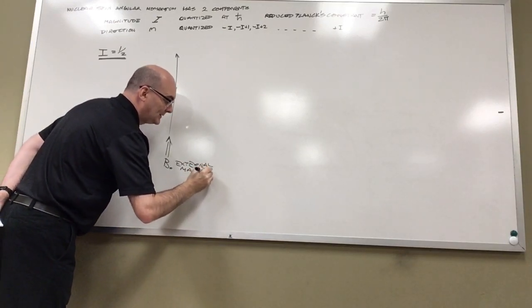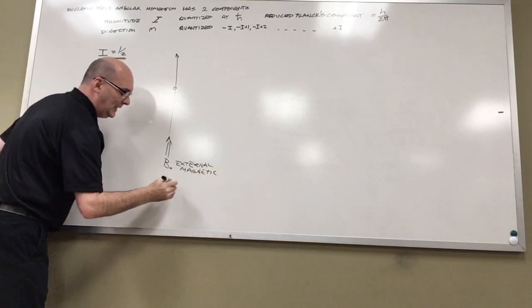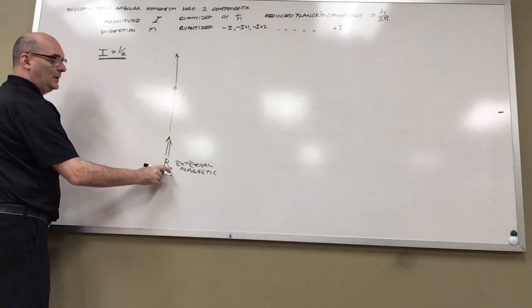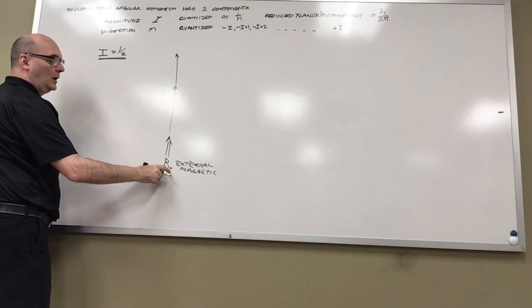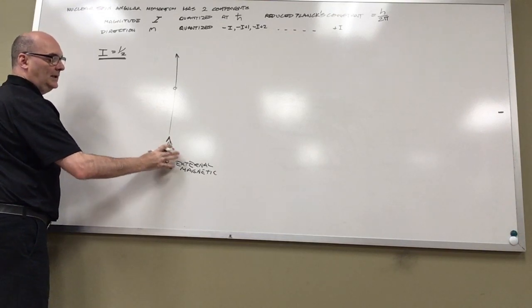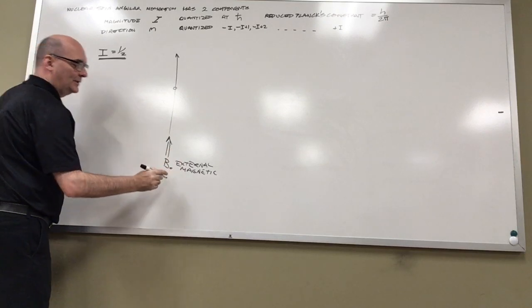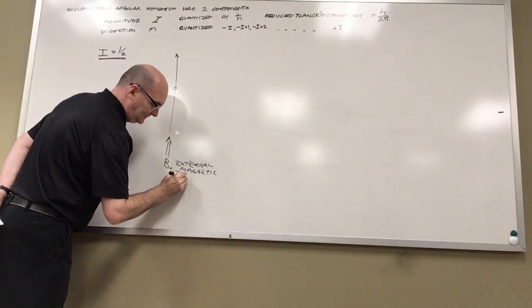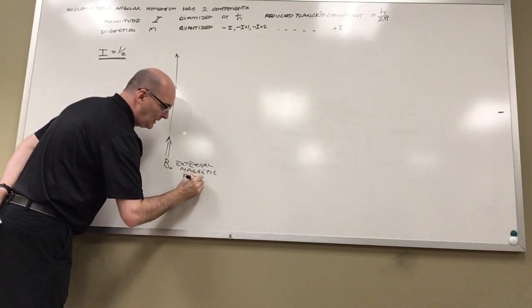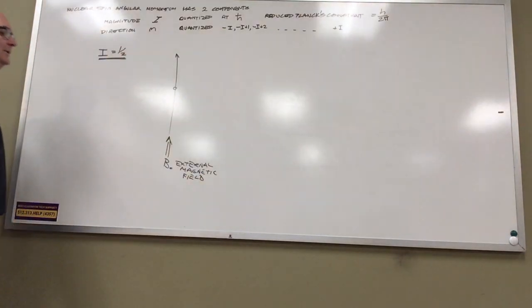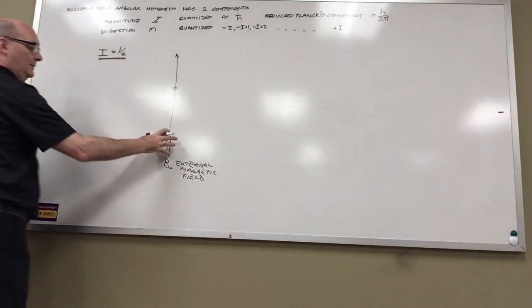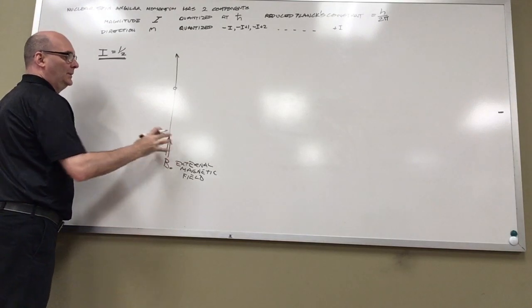Magnetic field is given symbol B, and because this one is at the source, it's B0. So I have an external magnetic field of power B0.